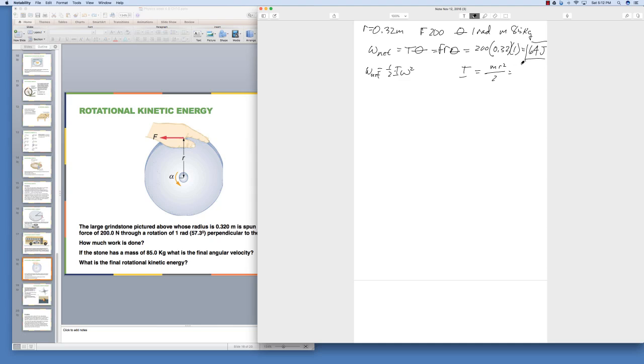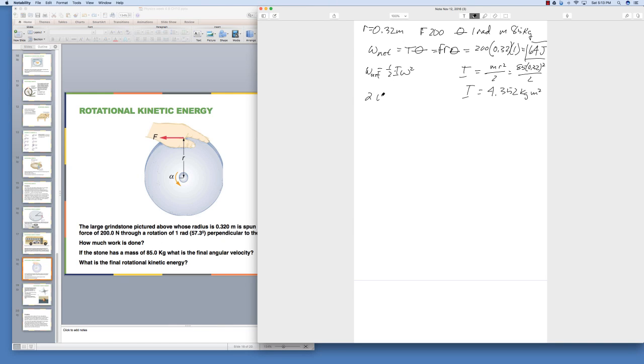In this case, 85 times 0.32 squared over 2. And I, in this case, equals 4.352 kilogram meters squared.